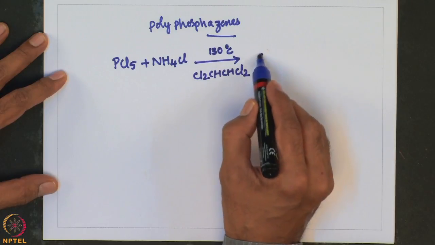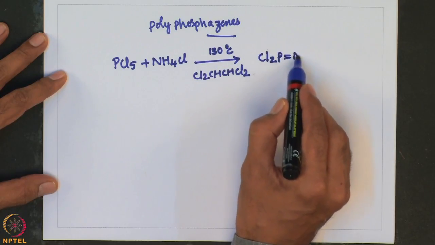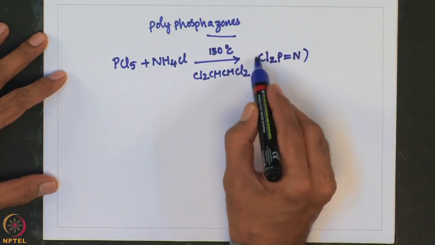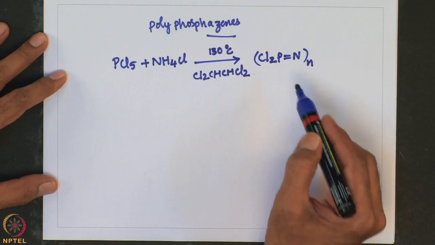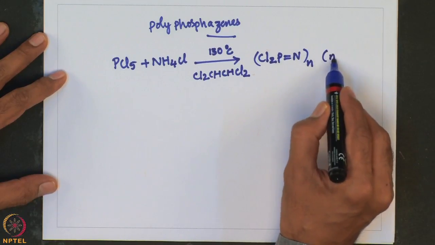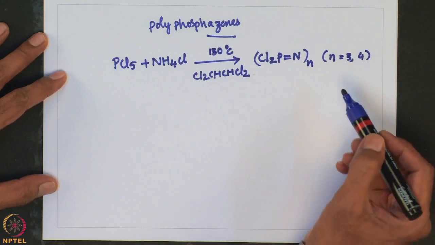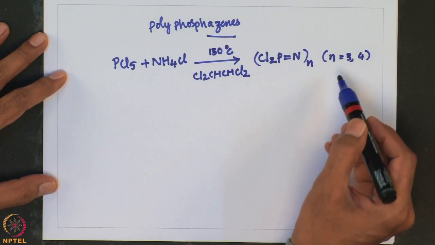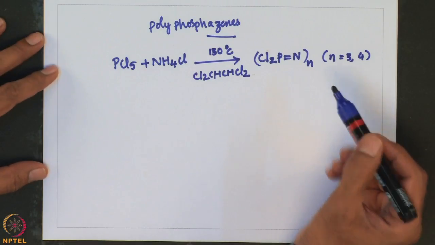So, it leads to the formation of chlorophosphazenes (NPCl2)n, where n can be 3 or 4 as major products. Of course, up to n equals 7 and 8 are also obtained in this reaction, but in very trace quantities.